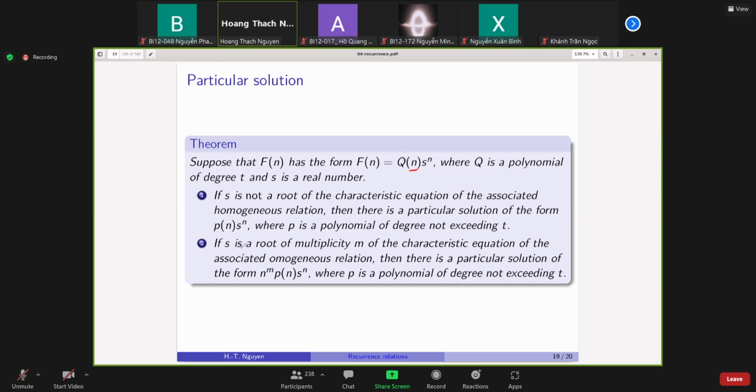And in the second case, we distinguish two cases. If s is not a root, then you have this form. If s is a root of multiplicity m, then you have a factor n to the power m in front of this form.